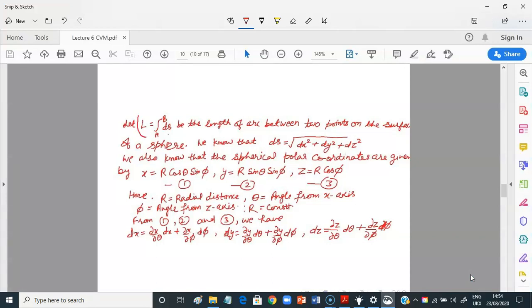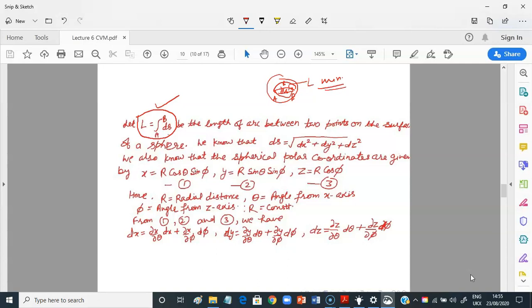In general, the length of arc is given by L equal to the integral of ds from A to B. Suppose you are on the sphere and there are 2 points A and B, and L is the length from A to B and ds is the small part. Then L can be represented like this, and you have to minimize this L. You have to find the curve along which this L is minimum. So this is the problem of geodesics in case of a sphere.